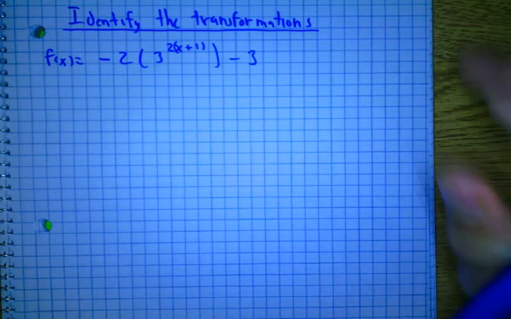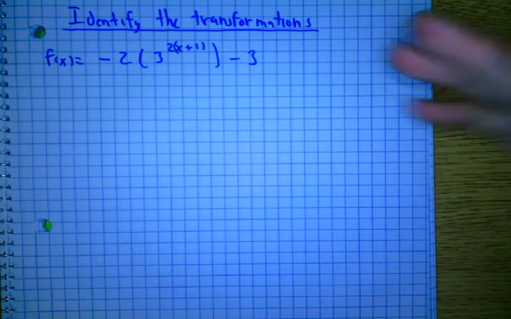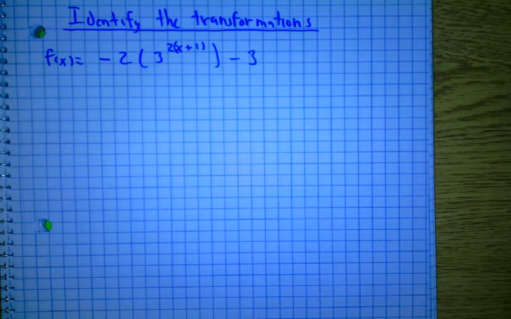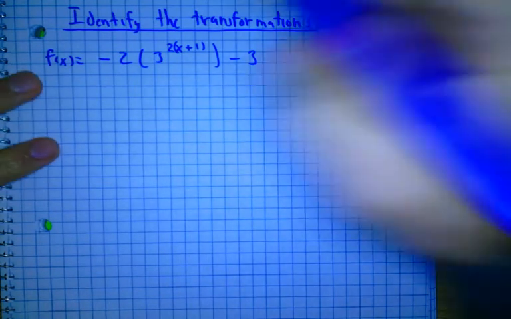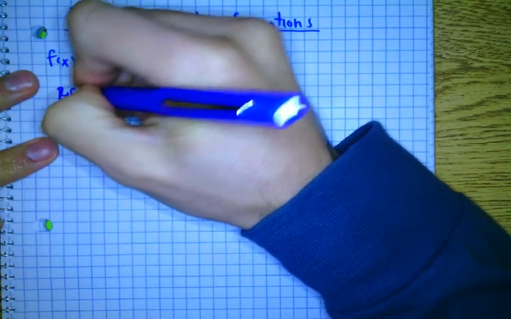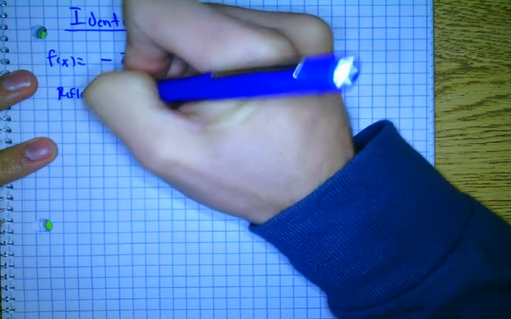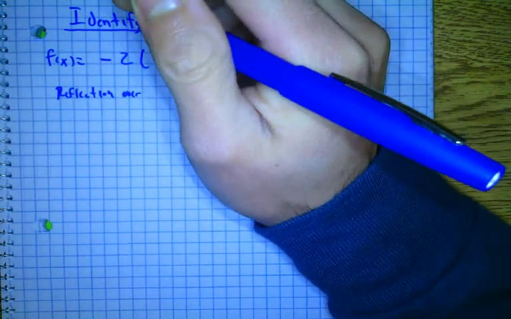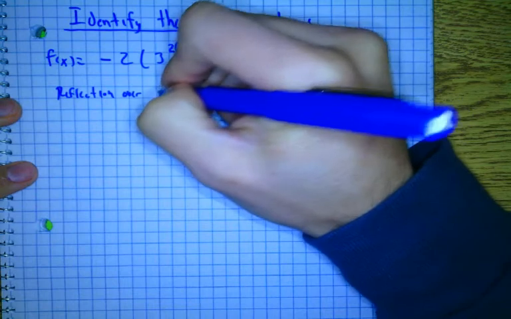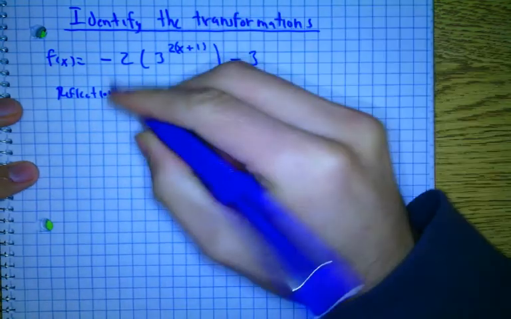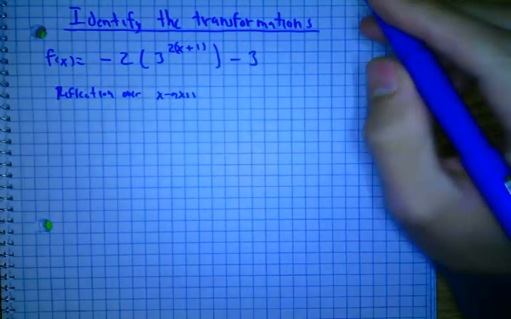Okay? All right. So, what do we know? What do we see? Okay, so we got a reflection over not the y-axis, it's going to be the x-axis. Okay, so remember, when it's all the way in the front, it's going to be x-axis. Okay? All right, what else do we have? We're going to go down 3 units.